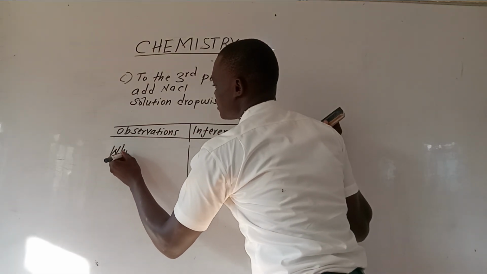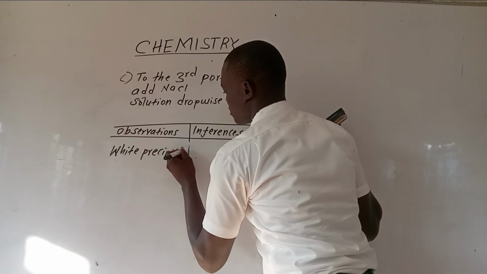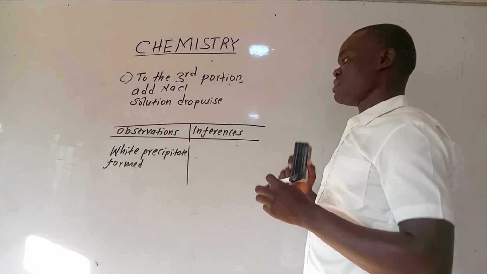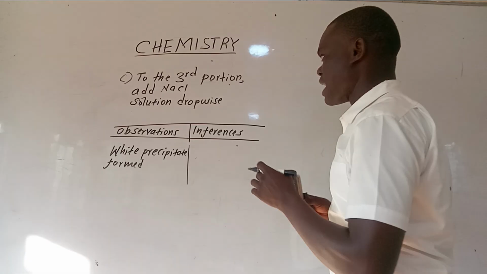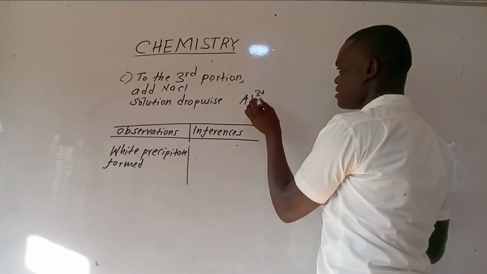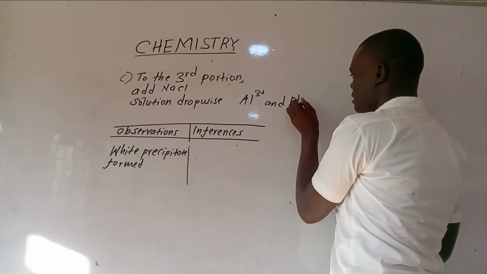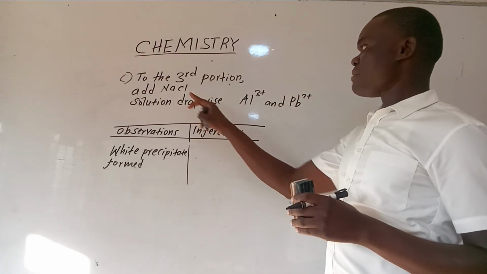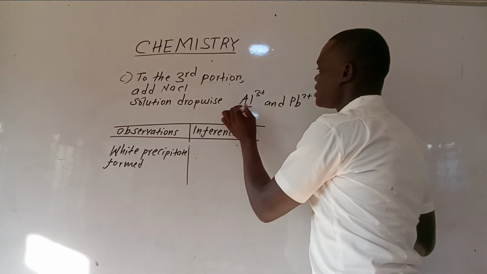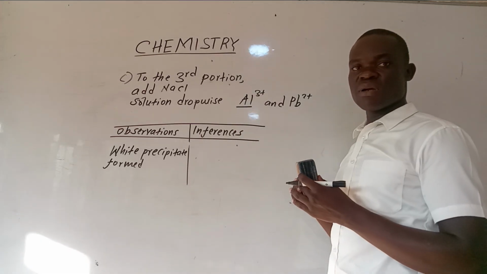If a white precipitate forms, of the two ions that we have up there, aluminium ion and lead ion, when we use sodium chloride and a white precipitate forms, we will not mention aluminium, because aluminium chloride does not form a white precipitate.